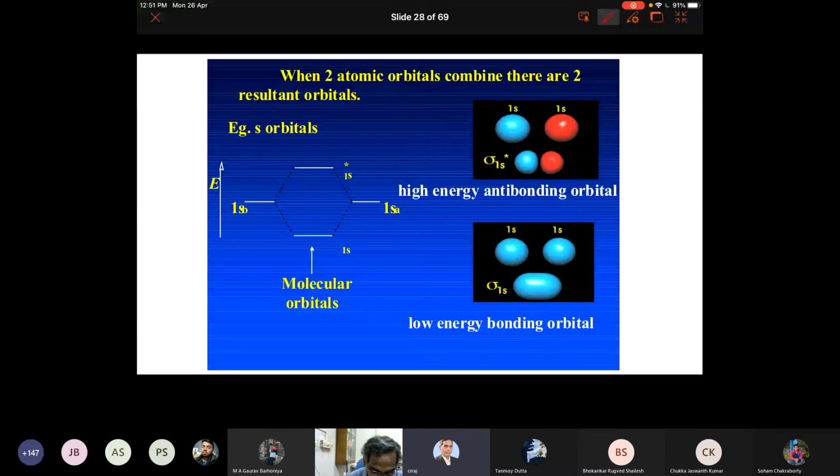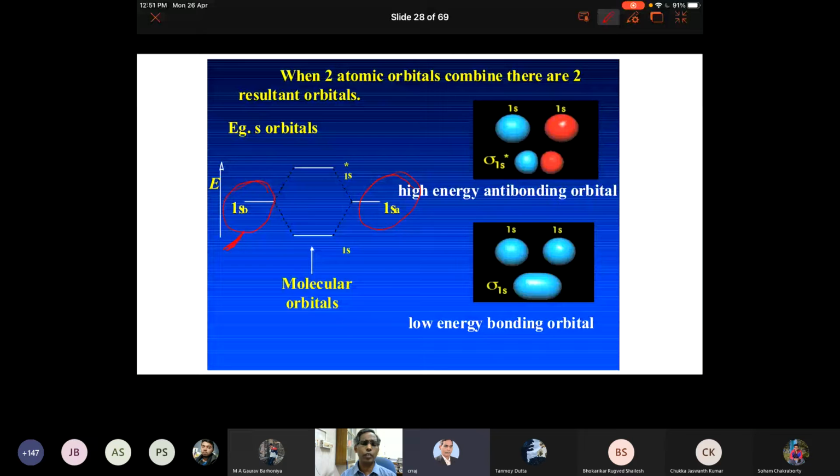Now I put it here as a diagram. This is one of my atomic orbitals, that is your one side. Another side is another atomic orbital. Now assume that it undergoes an effective overlap and you are getting a bonding here, and here you're getting an antibonding.